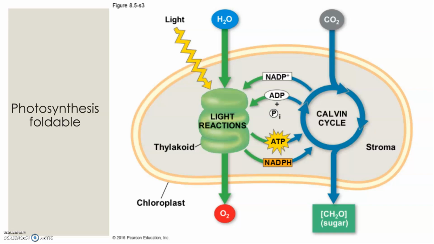Not the best name for it, but it is one that is oftentimes used. So light reactions for short and Calvin cycle, two parts of photosynthesis. Clearly, they are interconnected. They cannot produce sugars or oxygen without working with each other.